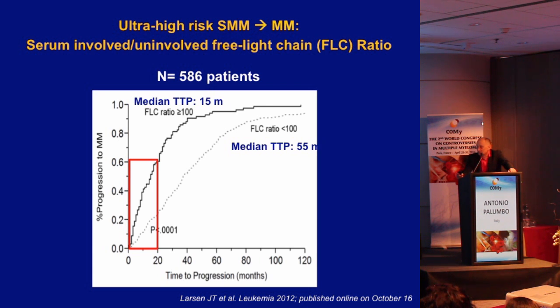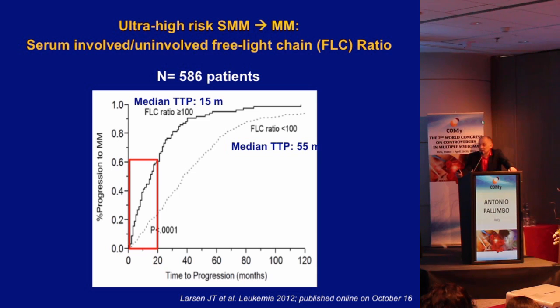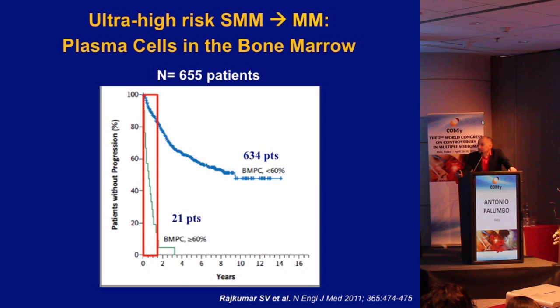And today, once again, you can see here 60% probability of transformation at 20 months, free light chain more than 100, no CRAB. This is the definition of myeloma today. So this is the start of treatment that has been currently defined. And the other one is bone marrow plasma cells more than 60%.